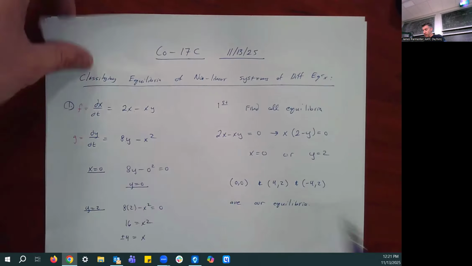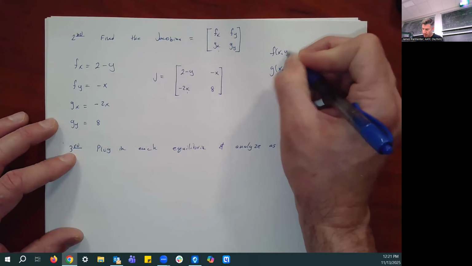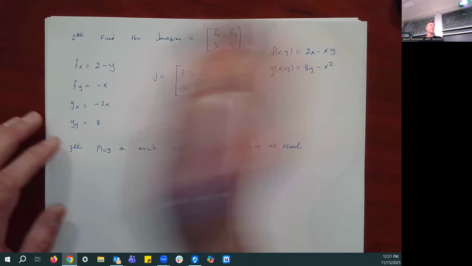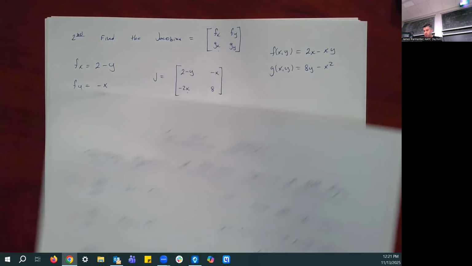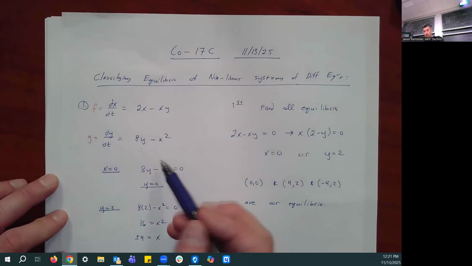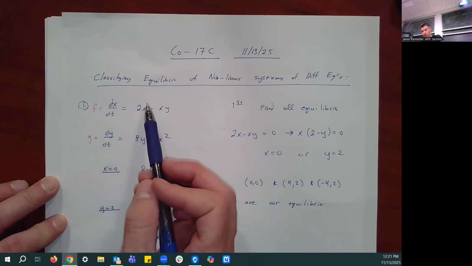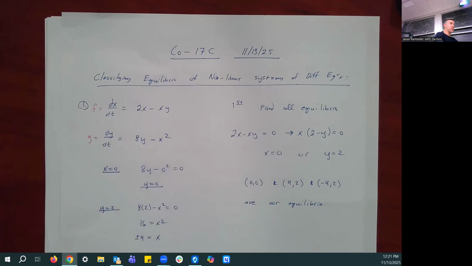And f of x comma y is all of the first one, which is 2x minus xy. So we're literally just taking our system of differential equations and setting f of x,y to be whatever dx dt is equal to, and g of x,y to be whatever dy dt is equal to, or whatever variables we happen to be using.